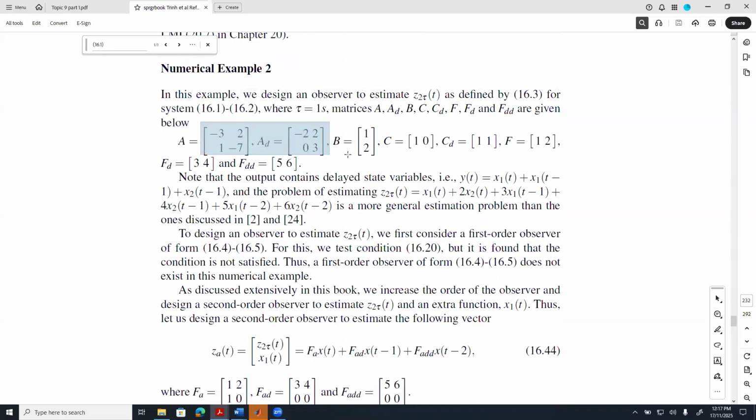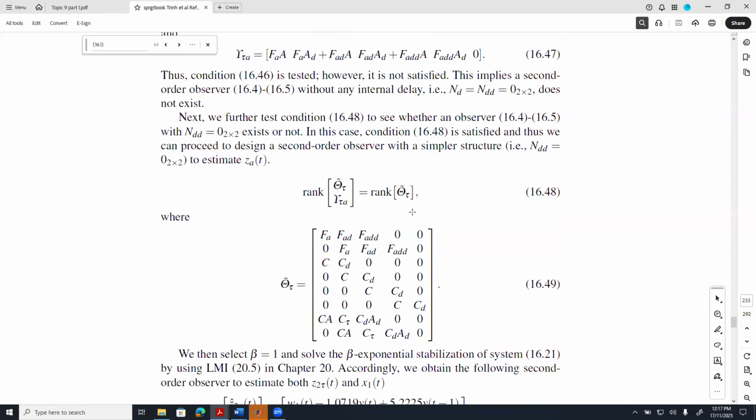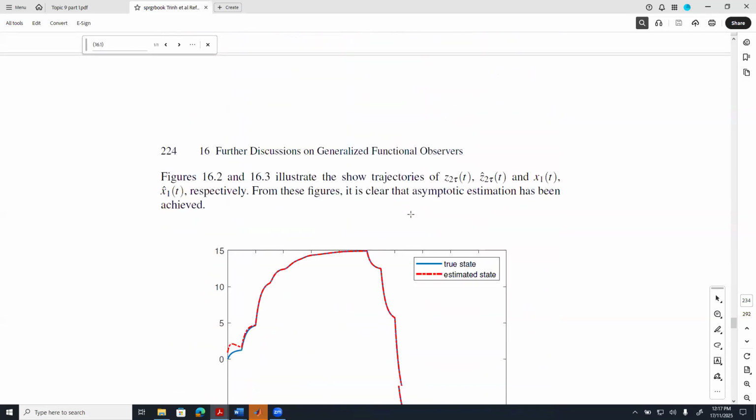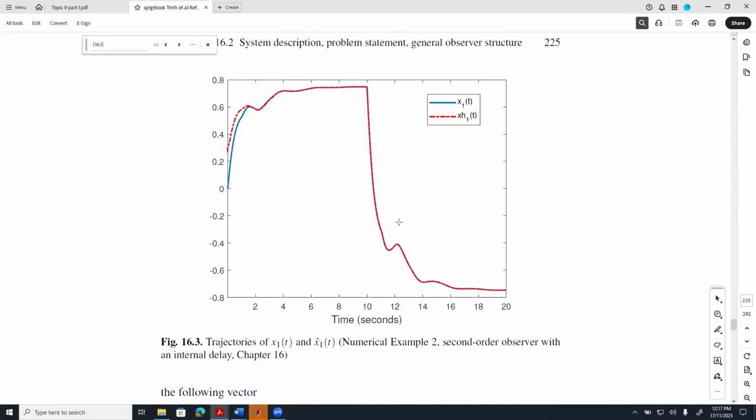Now, this system, we have a look at that. It has dimension 2. It has two variables, x1 and x2. But to be able to estimate those two stack variables and to employ an observer without internal delays, we can actually do that. So that's the significance of it.